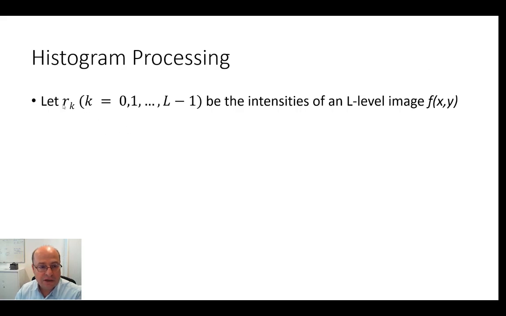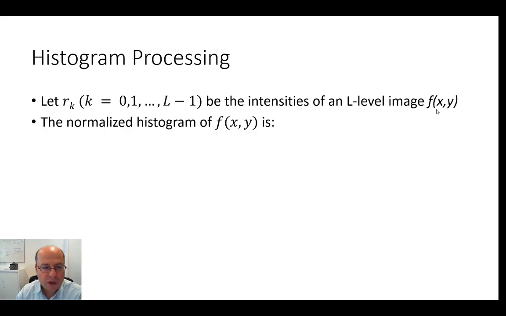So let Rk, ranging over the number of intensities, be the intensities of an L-level image that here we denote by f(x, y). The normalized histogram of this image is defined by p(Rk). We're going to see later, this can be understood as the probability of pixel intensity Rk.